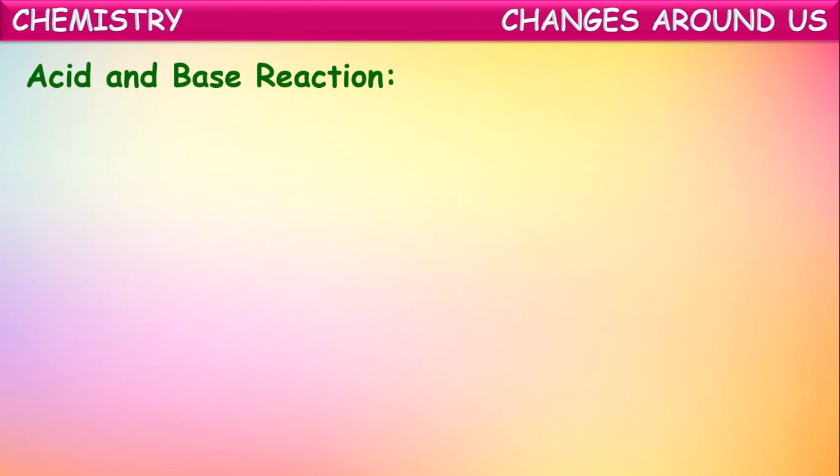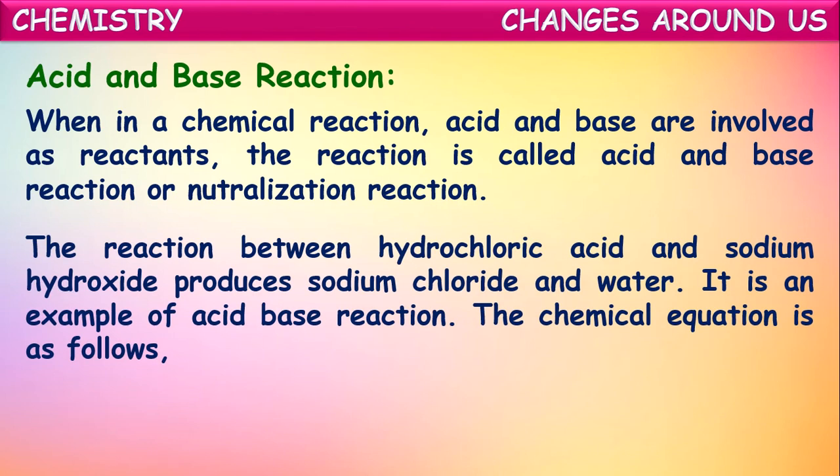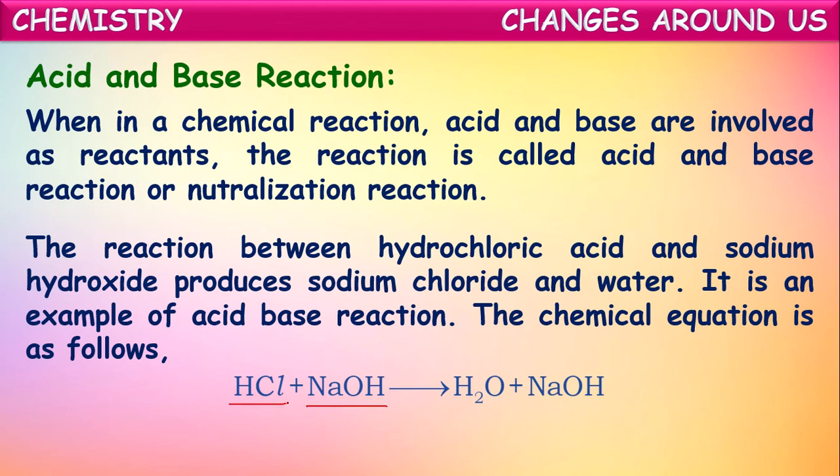And another type of reaction is the acid and base reaction. When in a chemical reaction acid and base are involved as reactants, the reaction is called an acid base reaction, which is also called a neutralization reaction. So the reaction between hydrochloric acid and sodium hydroxide produces sodium chloride and water as products. So here sodium hydroxide is a base, HCl hydrochloric acid is an acid.